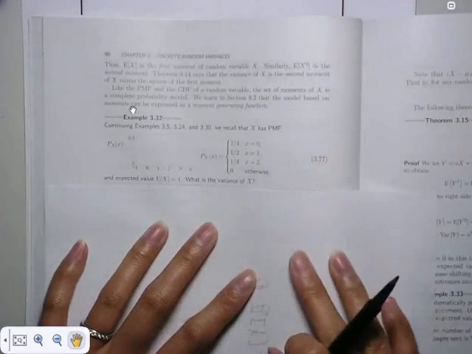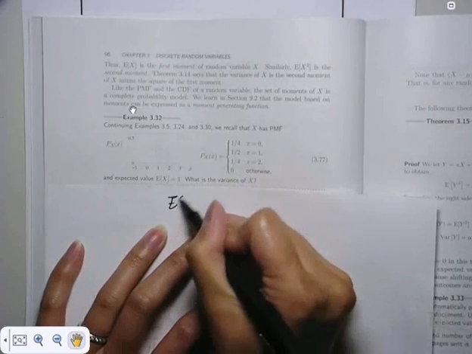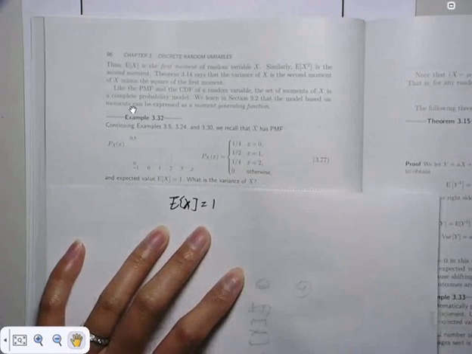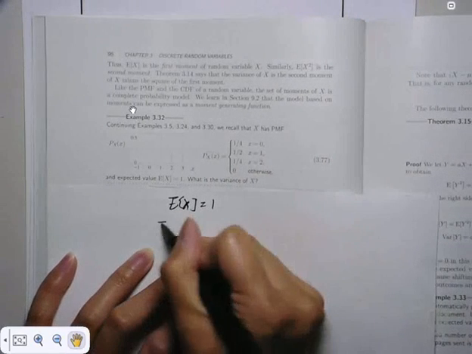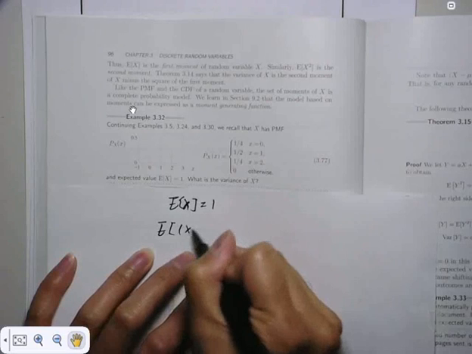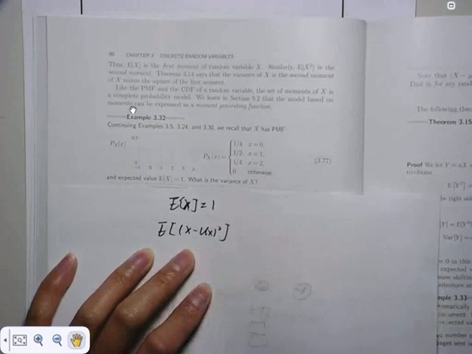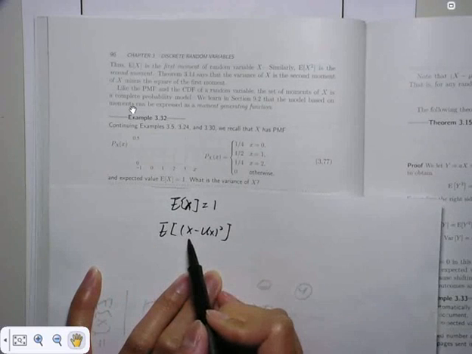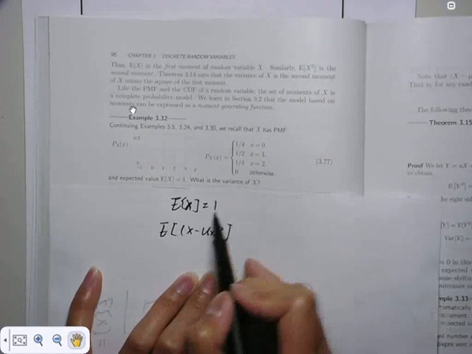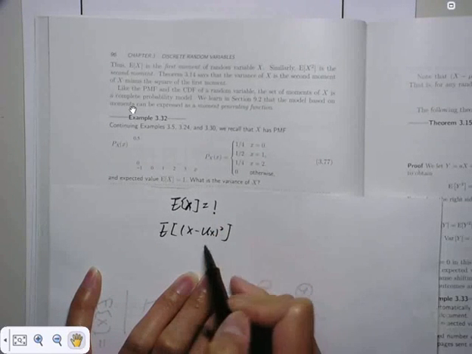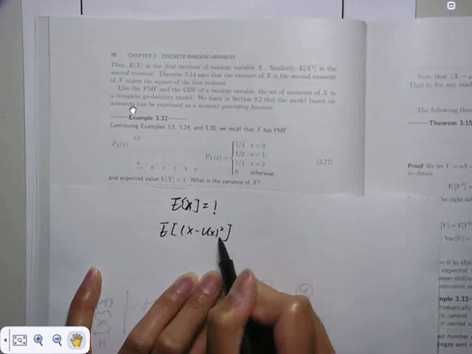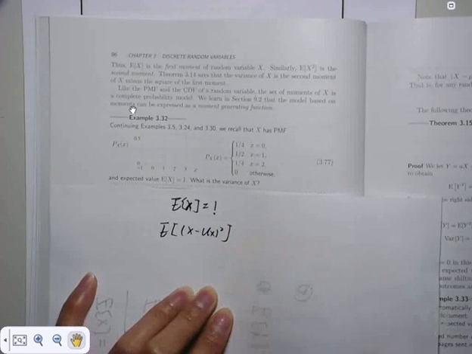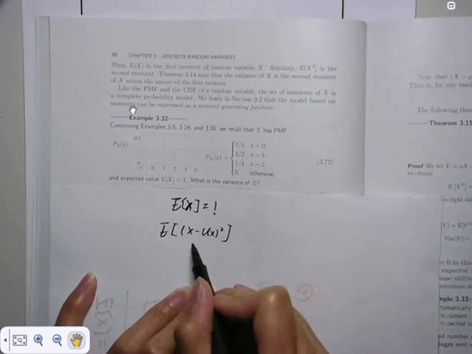You already know the expected value of X is 1. We just did that, right? And if I want to know the variance, by definition it looks like this. I need to calculate for each X value minus the expected value 1, and then square, and then times the probability for each one.